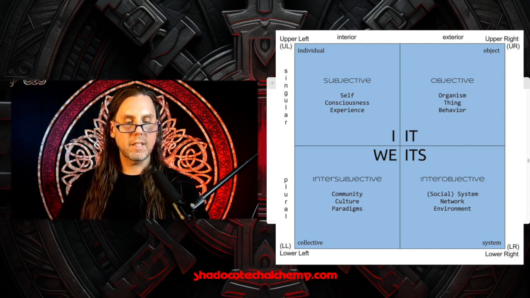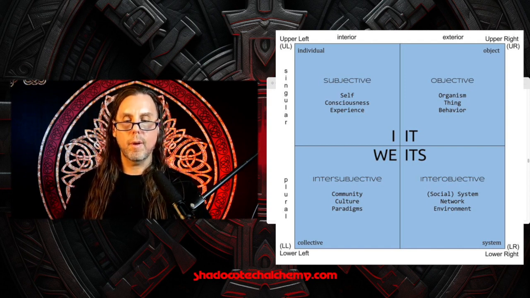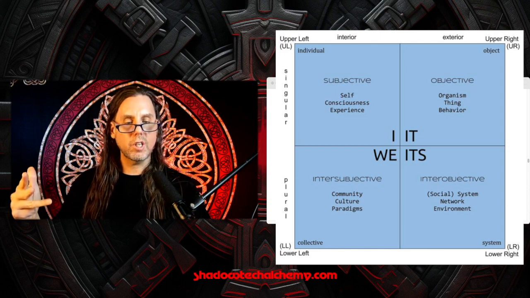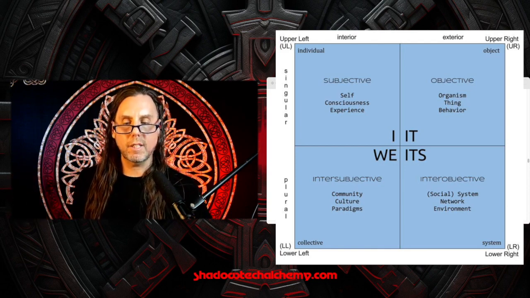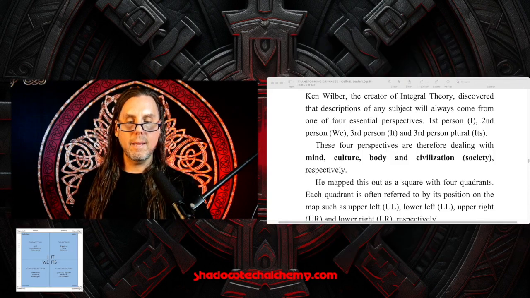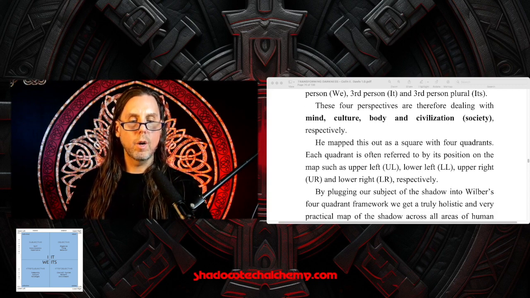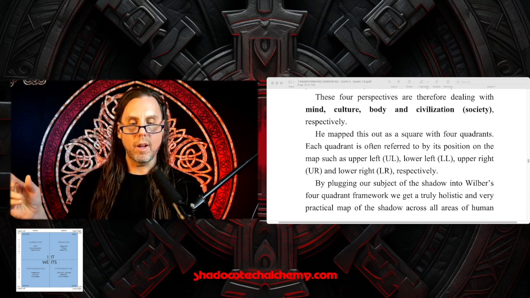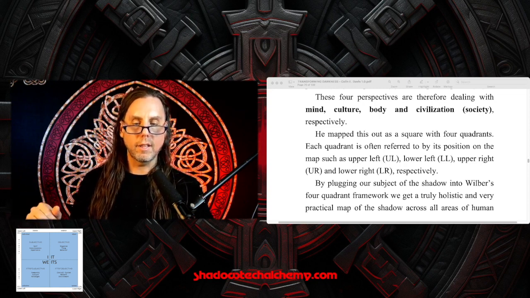These 4 perspectives are therefore dealing with mind, culture, body, and civilization or society, respectively. He mapped this out as a square with 4 quadrants. Each quadrant is often referred to by its position on the map, such as upper left, UL, lower left, LL, upper right, UR, and lower right, LR, respectively.